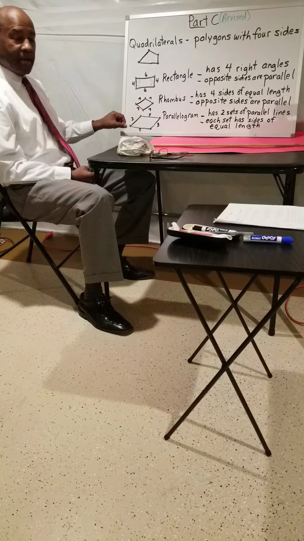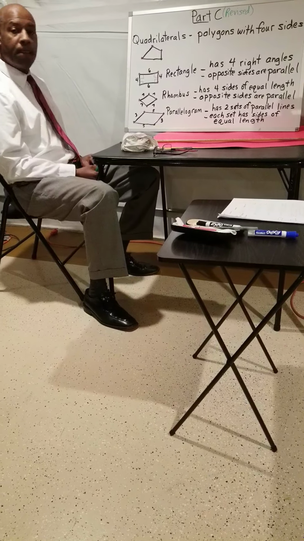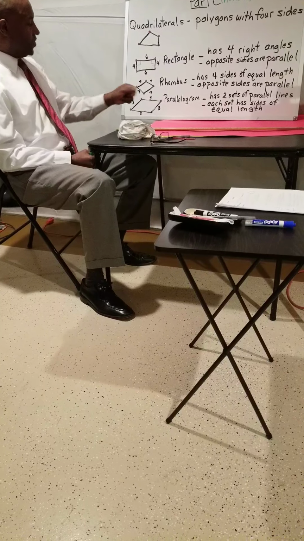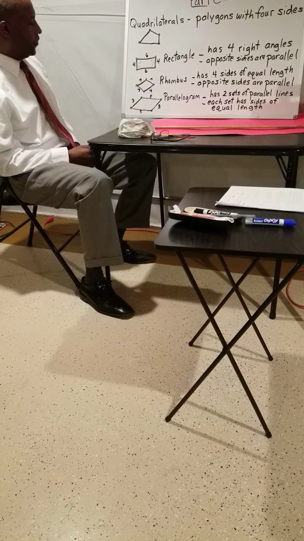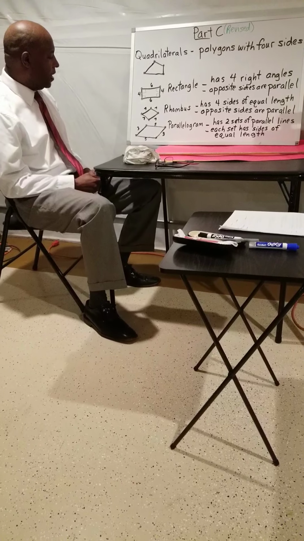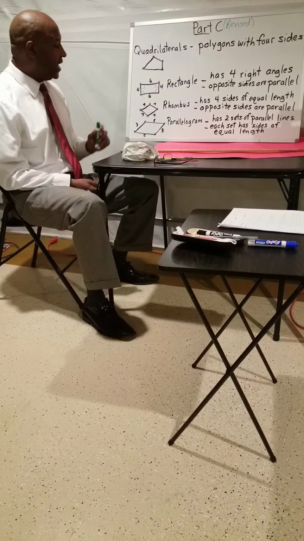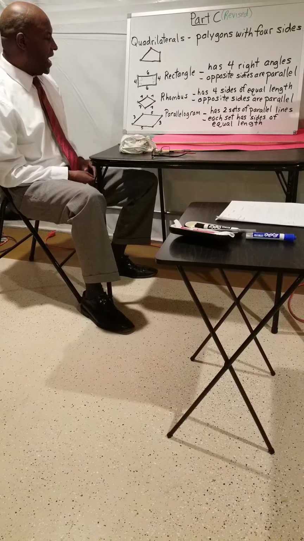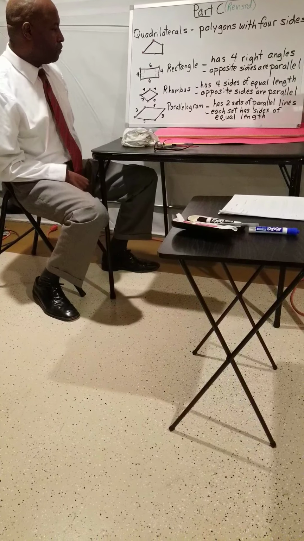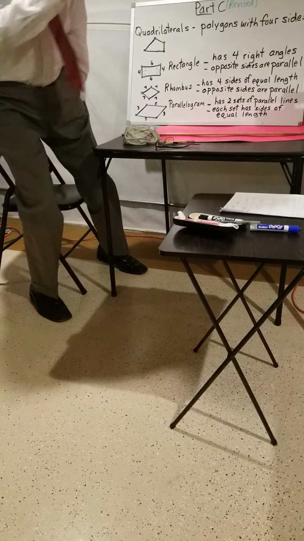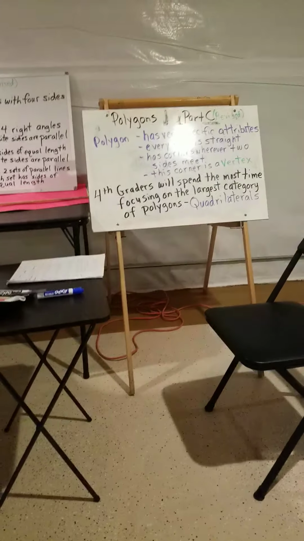At the top and bottom, the equal sides are 5. So a parallelogram, which is a quadrilateral polygon, has 2 sets of parallel lines. Each set has sides of equal length. And then on this board here, boys and girls, I'm going to go back and do the last 2.